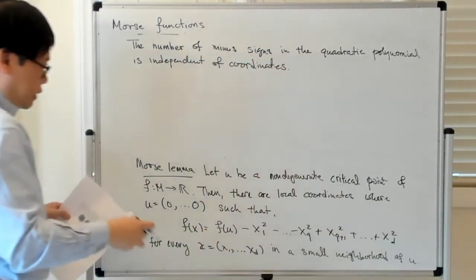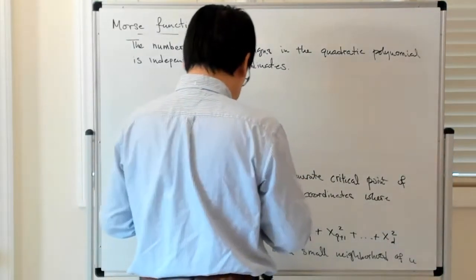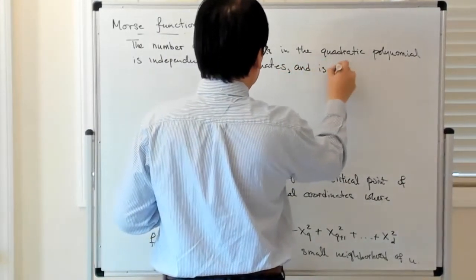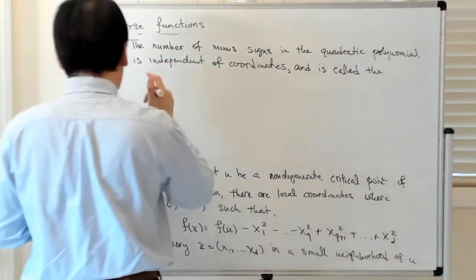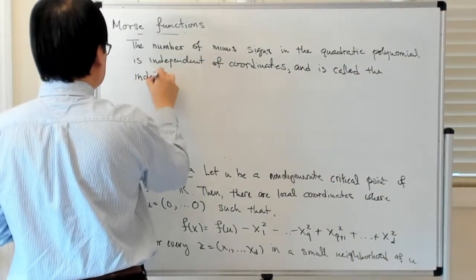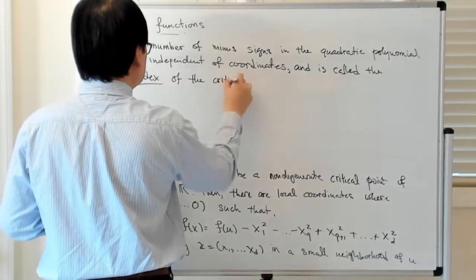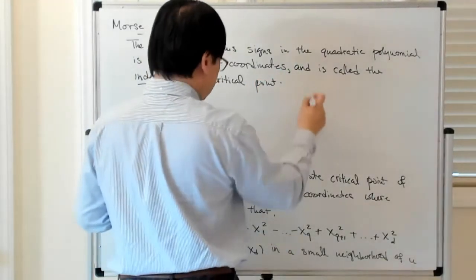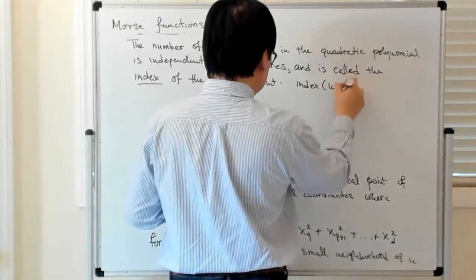Okay, so this is independent of the coordinates, and it's called the index of the critical point. So in this case, the index of u is equal to q.